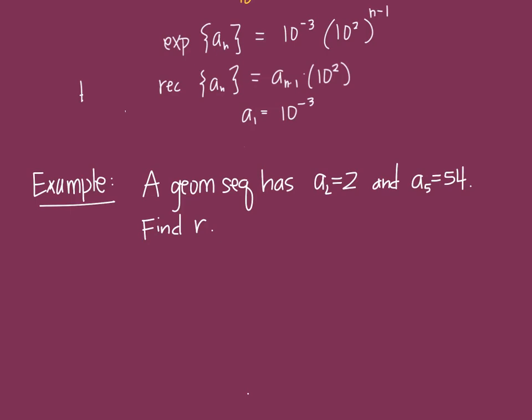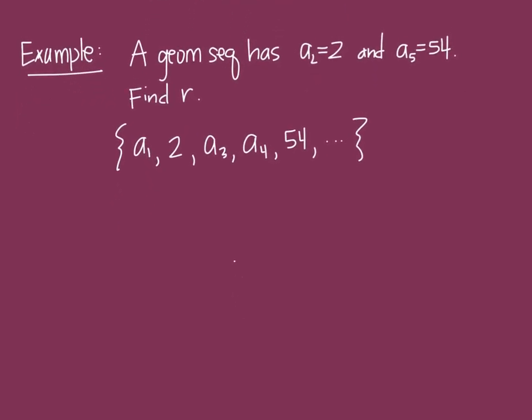Find R. So we kind of have some blanks. We don't know A1. We do know the second one is 2. We don't know A3. We don't know A4. We do know A5 is 54. And then the sequence would extend like that. And so our goal is to find now the value of R.